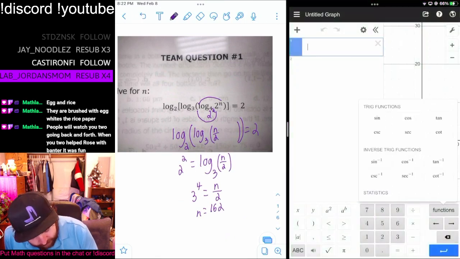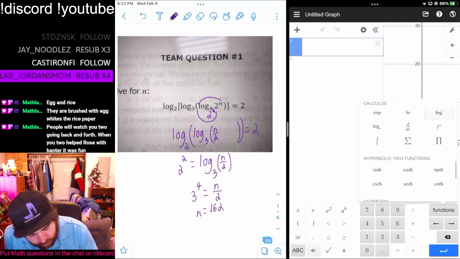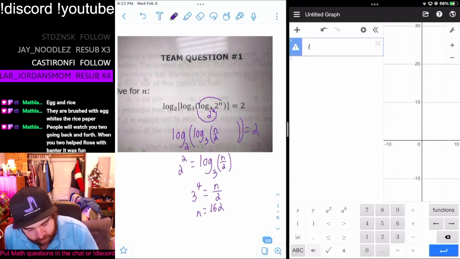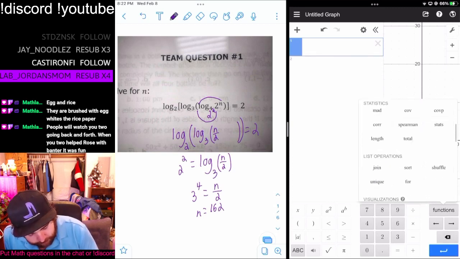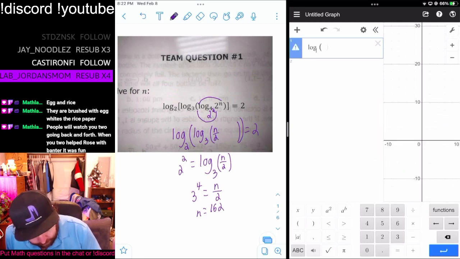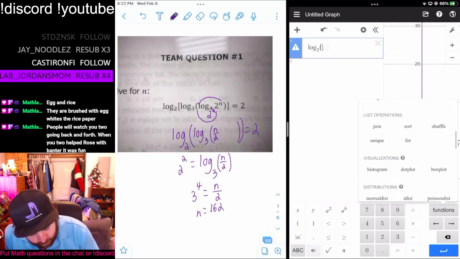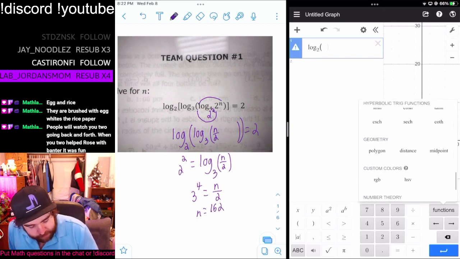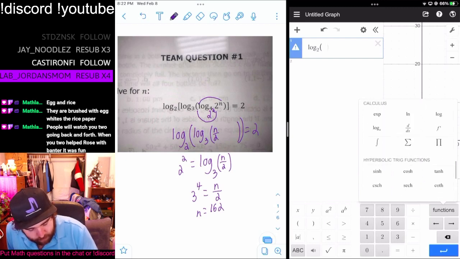So we got log base 2 of... Oh my gosh, that's not what I wanted to do. Can Desmos handle this big of a number? I'm not sure.